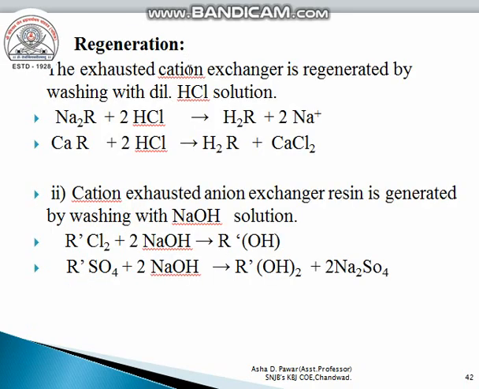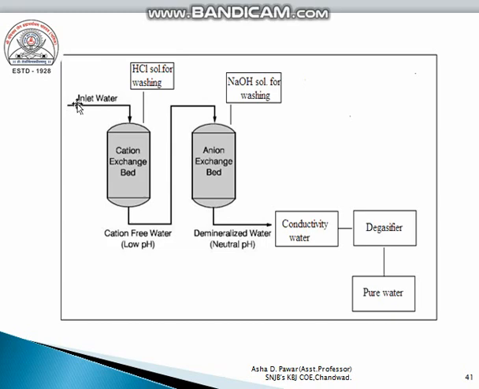After passing a large quantity of such cationic and anionic impurity water through the cation exchanger and anion exchanger beds, the water is completely impurity free. Whether any impurity is present can be checked using a conductivity meter, and for removal of dissolved gases like O2 and CO2 we use a degasifier. Finally we obtain very pure water that is completely anion and cation free.